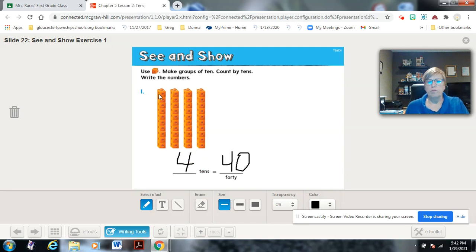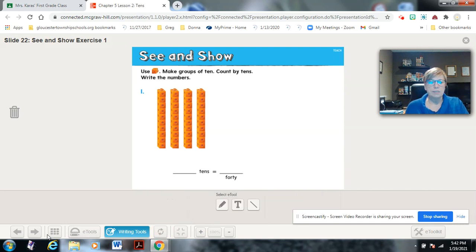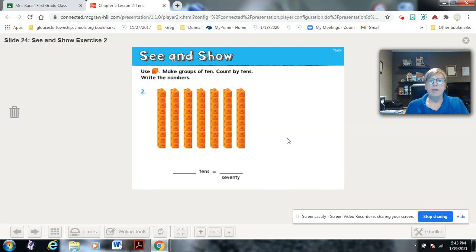Okay, so there are 4 groups of 10. That's what this means. 4 10s, and the quantity equals 40. So we're going to be working on that today with this lesson. Now, let's see how many groups of 10 there are. Count and see if you get the same number as me.